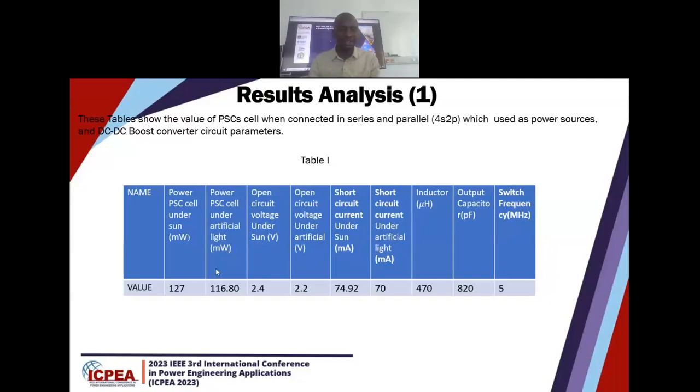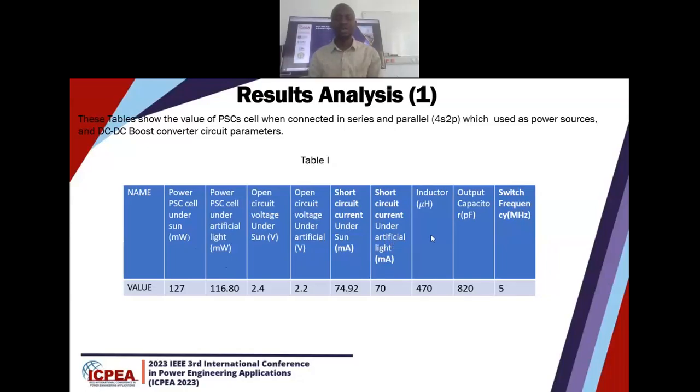When it's under the sun without being connected to the circuit, the power was 127 milliwatt, and under the artificial light the power is 160.8. Under the sun the open circuit voltage is 2.4, and under the light it is 2.2. The short circuit current under the sun is 78 and 74.92, and under the artificial light it was 70 milliamps.